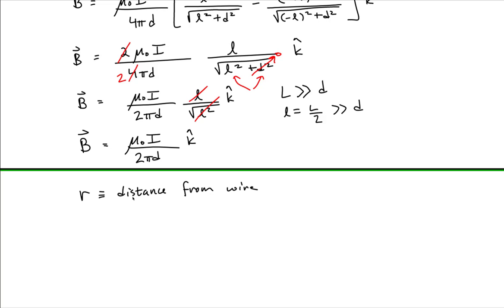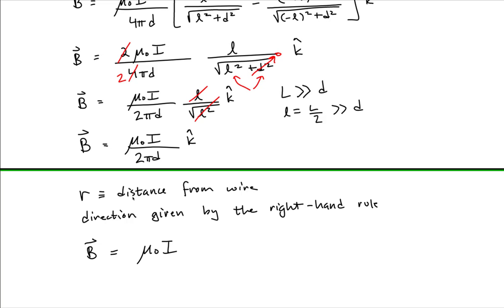And instead of saying k hat, because k hat is tied to our particular choice of coordinate system, we could say the direction of the magnetic field is the direction given by the right-hand rule. And in saying that, we could write that the magnetic field is equal to mu naught I over 2 pi r, and I'll just write this to represent the direction given by the right-hand rule.